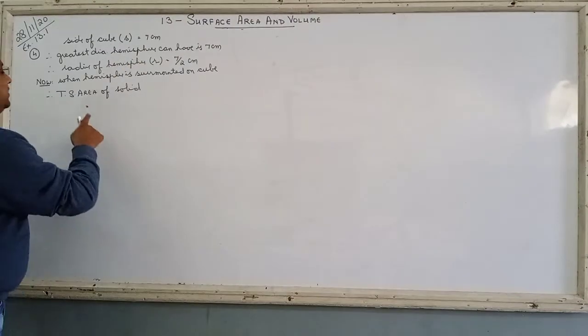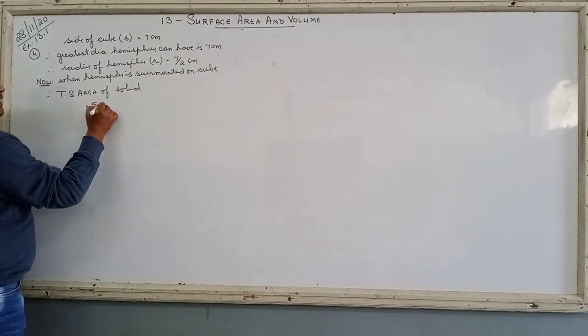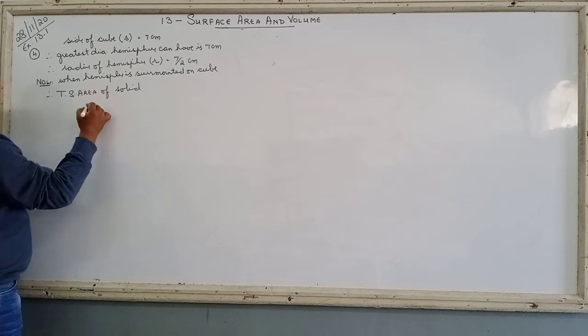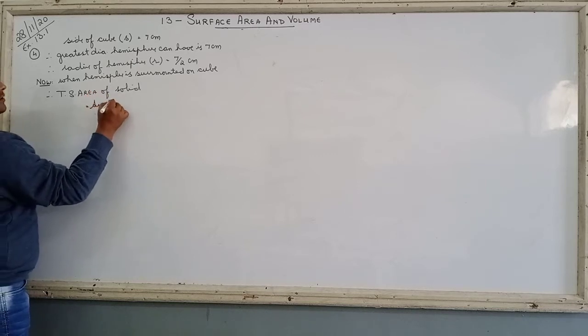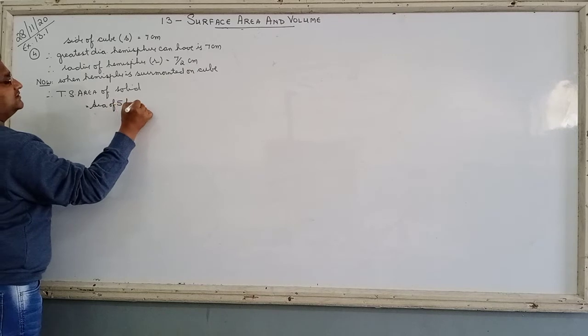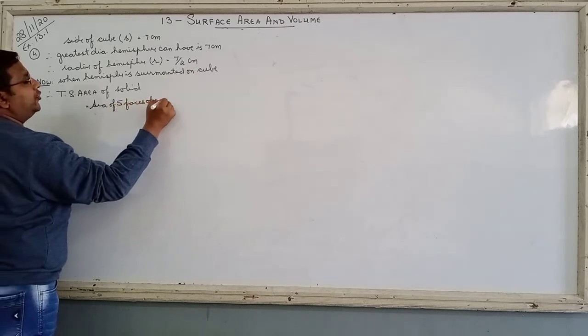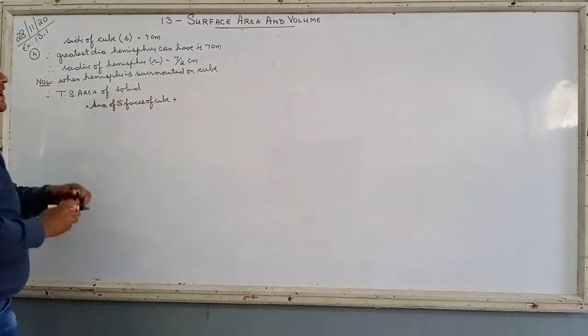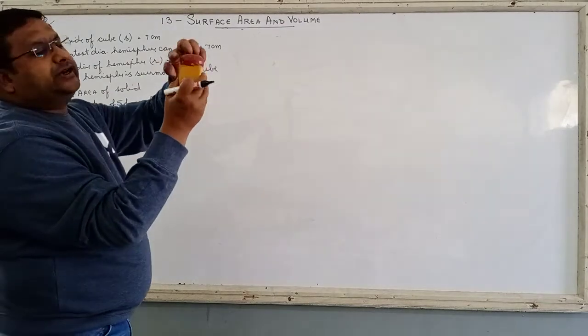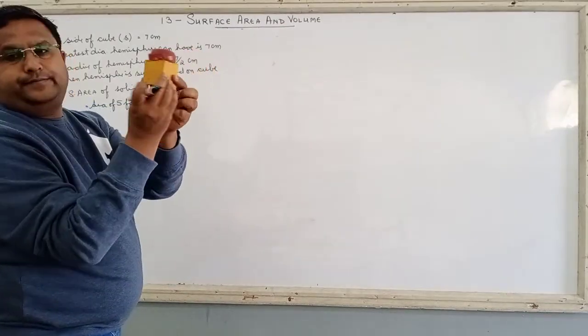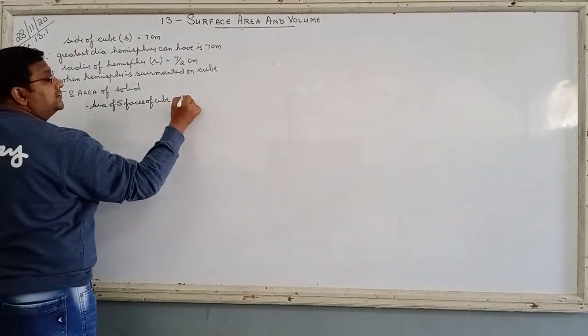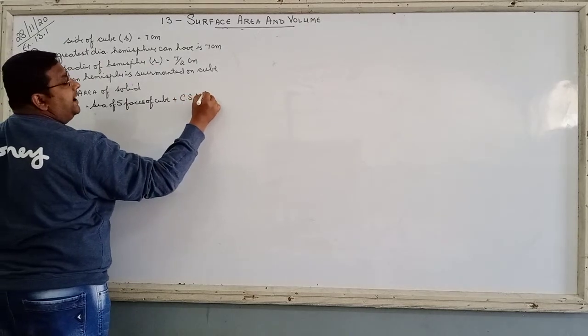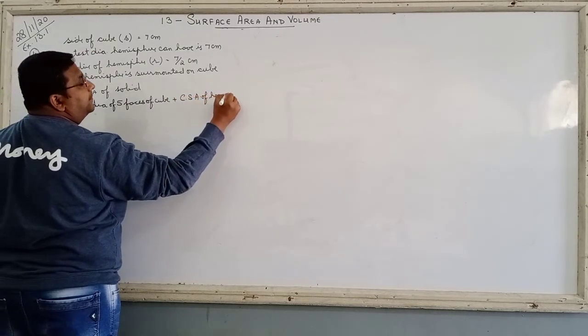So that means area of 5 faces of cube, plus, when I see this, can you see this curved surface area of the hemisphere? Plus curved surface area of hemisphere.